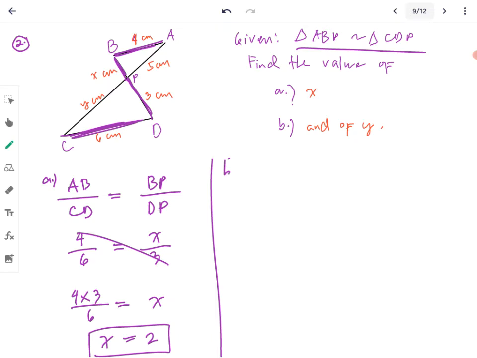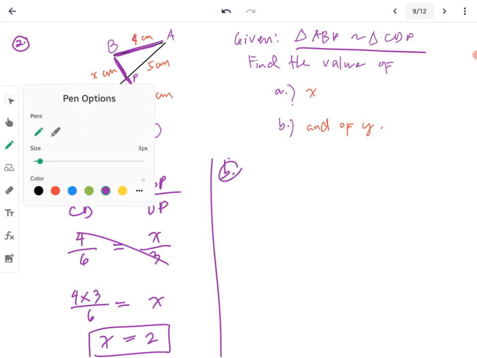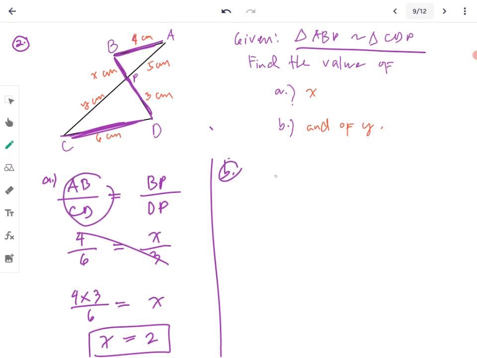Letter B. We will use the same ratio as AB and CD, that's for convenience. Then we will look for the Y part that we're trying to look for. The Y part is in the larger triangle, the same side with CD.